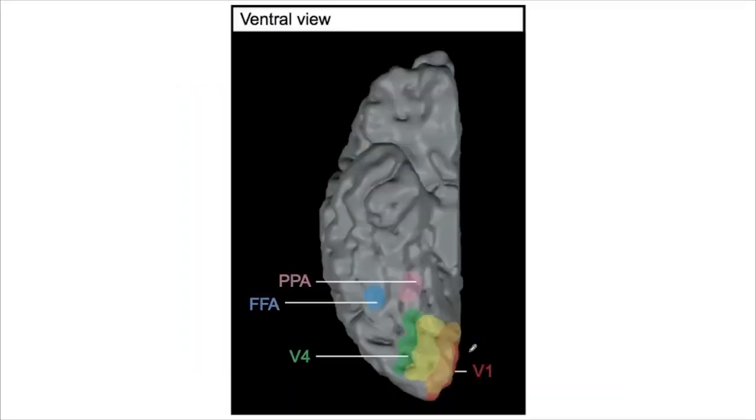So this is how you can see these areas. V1, V2, V3, V4 are processing the information, and then PPA and FFA. This is a really simplistic way of showing these areas.